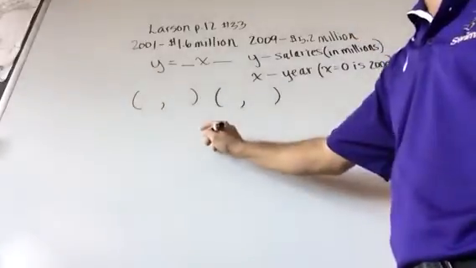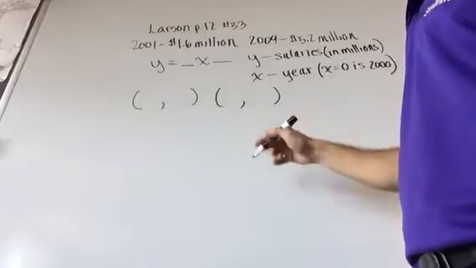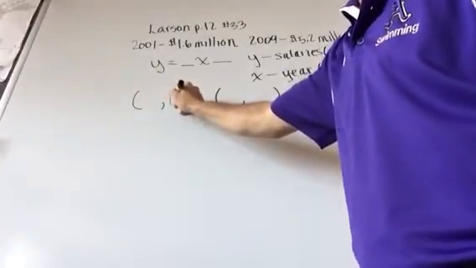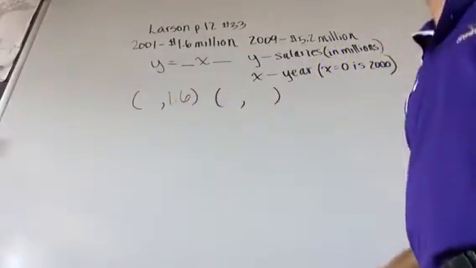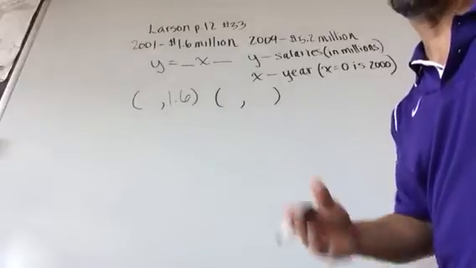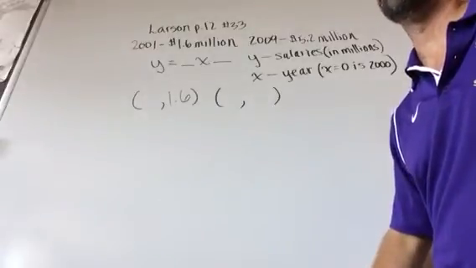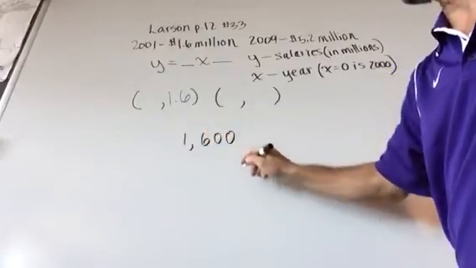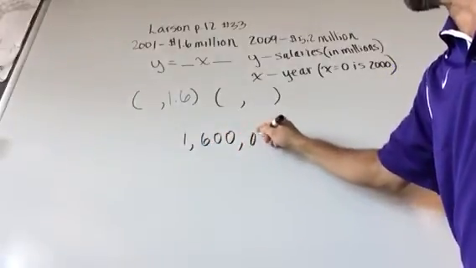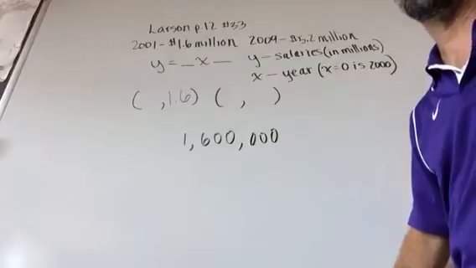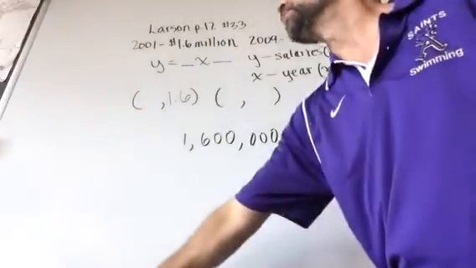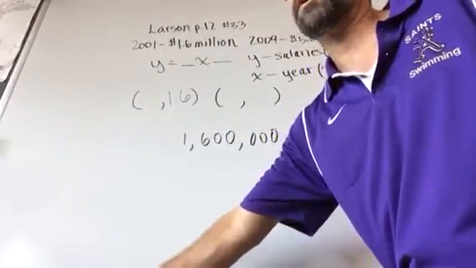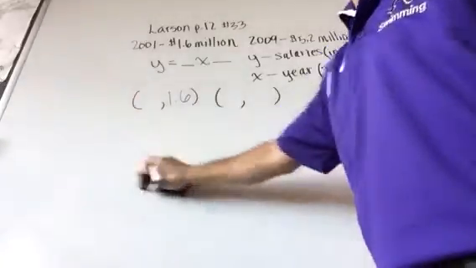That way, when I write 1.6 here, that means $1.6 million. And you can understand why that would be preferable to writing out $1,600,000. That's just taking up more space. So we're going to write the 1.6 to represent $1.6 million.